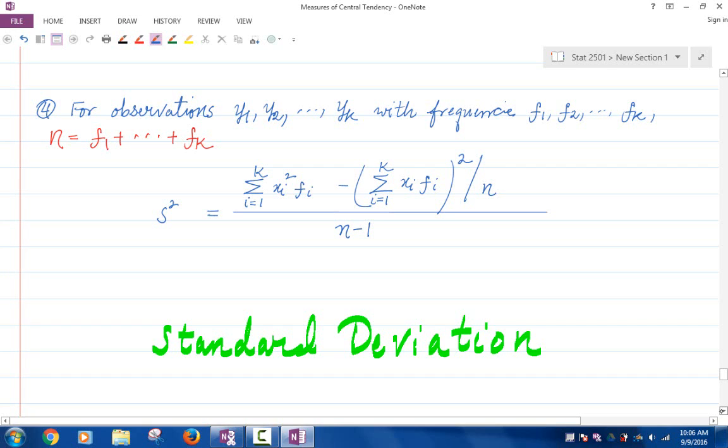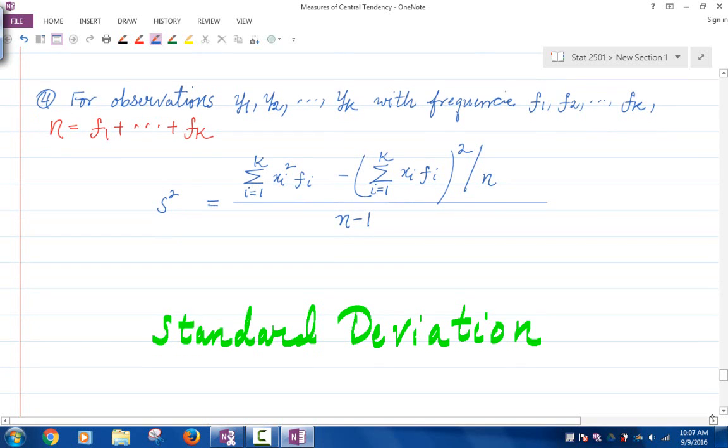If you're not multiplying by fi, then you have to repeat xi squared fi times in the sum, right? Everybody gets the formulas? Okay. I'm going to show you an example in a bit.